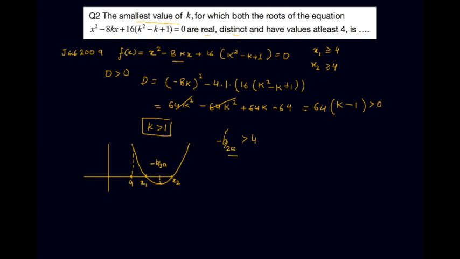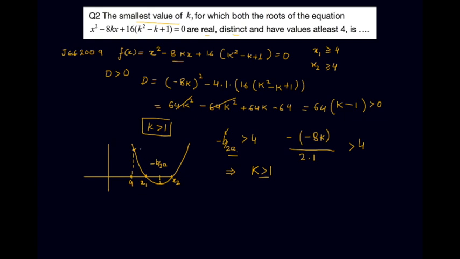Now this is the coefficient of x in the quadratic equation, which is minus 8k, divided by, this is the coefficient of x square, which is 1. So this should be greater than 4. So that implies k is greater than 1.